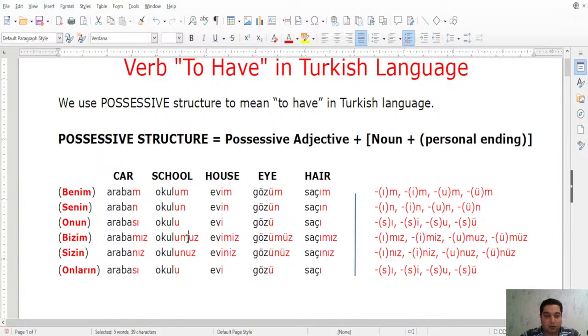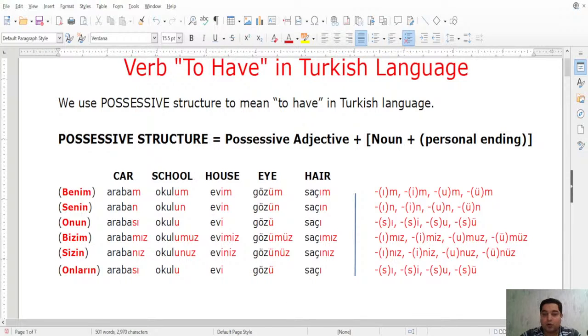In other words, for example, okulumuz, evimiz, gözümüz, and saçımız, right? All of these end in a consonant, so umuz, imiz, ümüz, because the last letter is a consonant. For sizin, it will be arabanız, right? Okulunuz, we have basically ınız, iniz, unuz, ünüz, or just nız, niz, nuz, nüz.